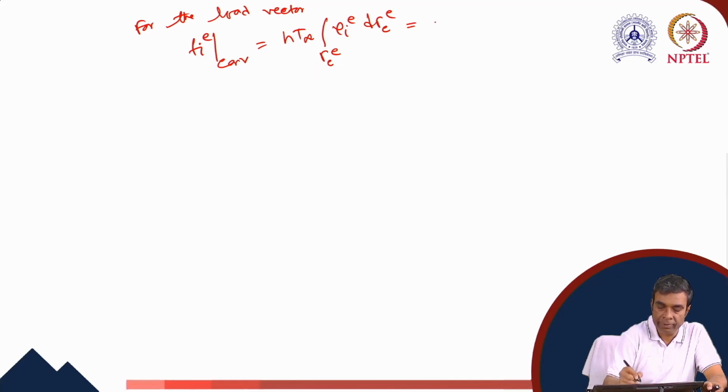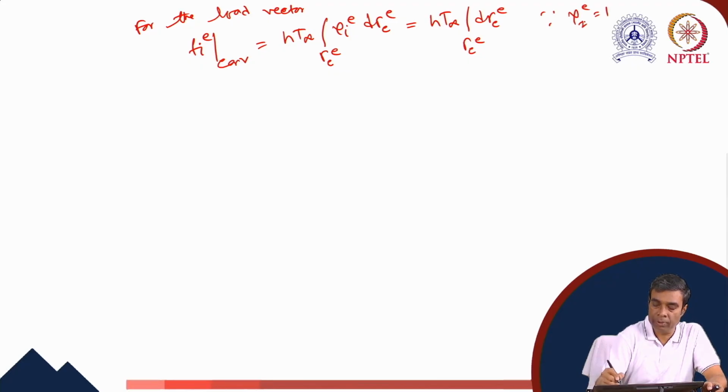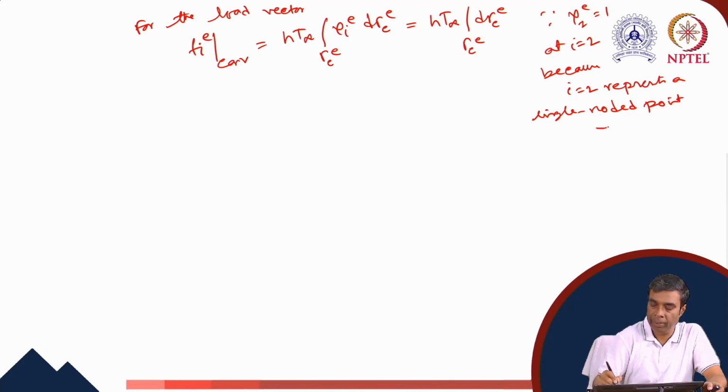This is h T infinity into gamma CE d gamma CE, since psi 2E equals 1 at i equals 2, because i equals 2 represents a single noded point element. This gives us h T infinity.